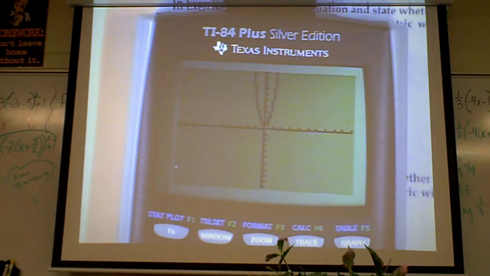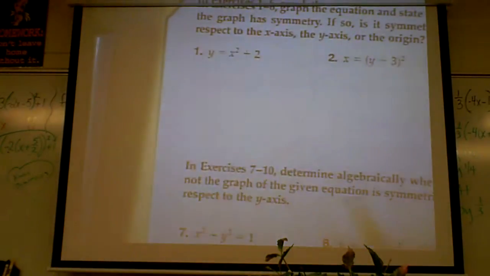They're asking you for 3 things, you guys. So when you say yes, guess what? Symmetric on the what? y-axis. Yes, y-axis. How about x-axis? No. It's y-axis. How about the origin? No. So it's several answers.